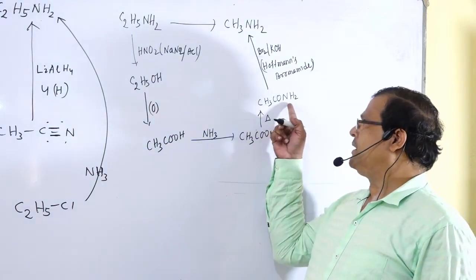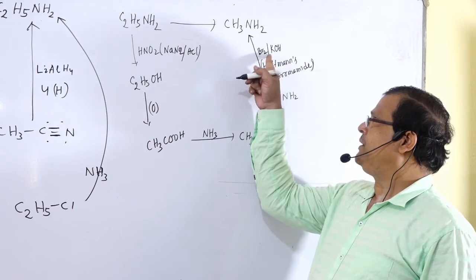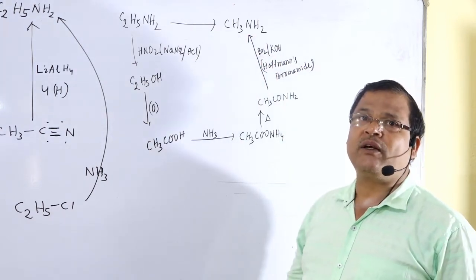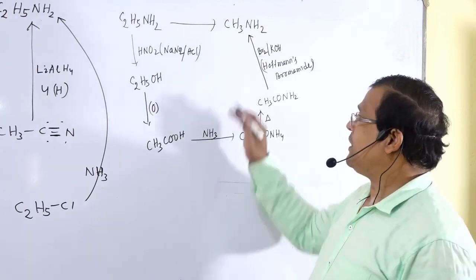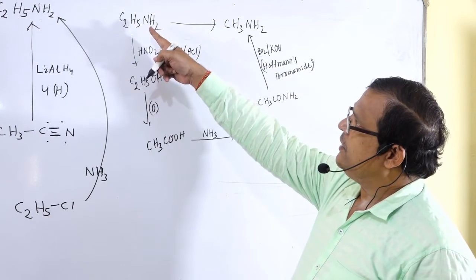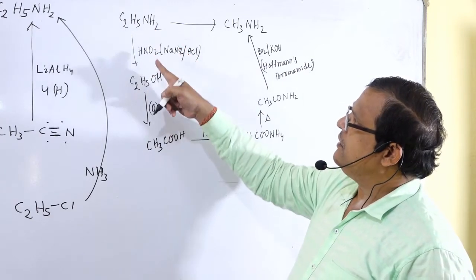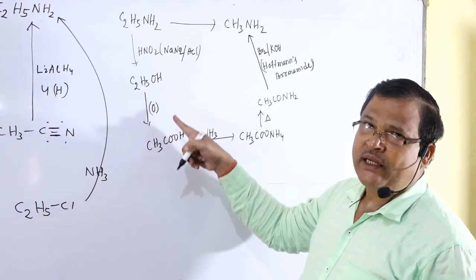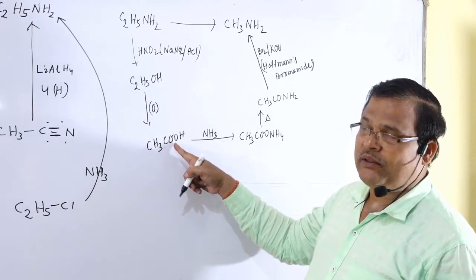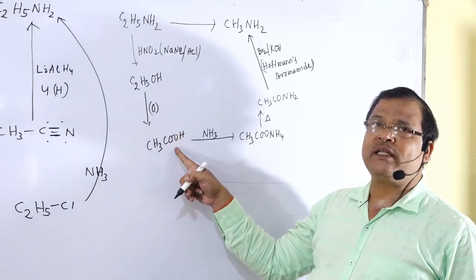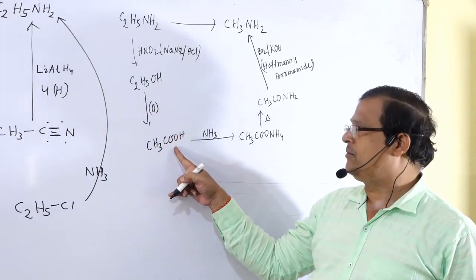Acetamide, whenever it is treated with Br2 and KOH, forms an amine with one carbon atom less. So this is one of the methods. If we carry out from the start: ethylamine, nitrous acid, ethyl alcohol. Since this is a primary alcohol, it gets oxidized to form a carboxylic acid with the same number of carbon atoms.